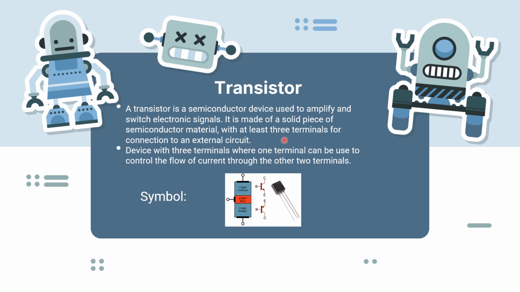We call the three terminals base, collector, and emitter. It is a device with three terminals where one terminal can be used to control the flow of current through the other two terminals. So with the base terminal, we can control the flow of current through collector to emitter or emitter to collector.